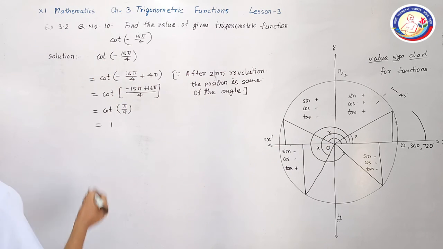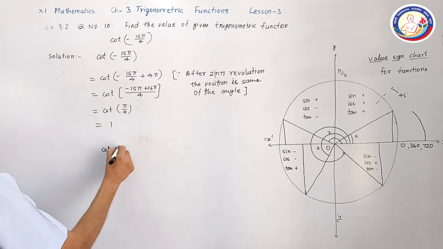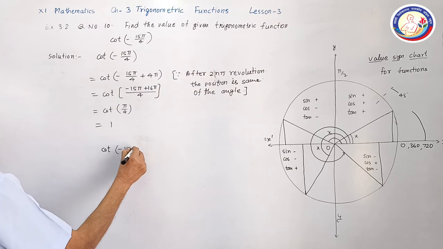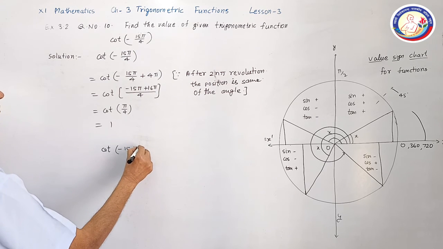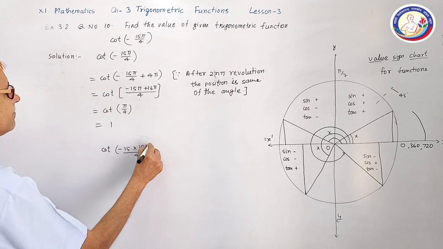We can use the degree method also. Cot of minus 15 into 180 divided by 4.